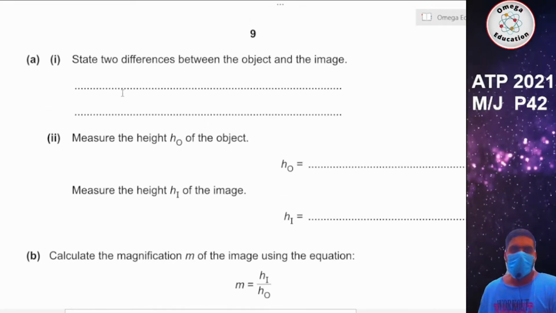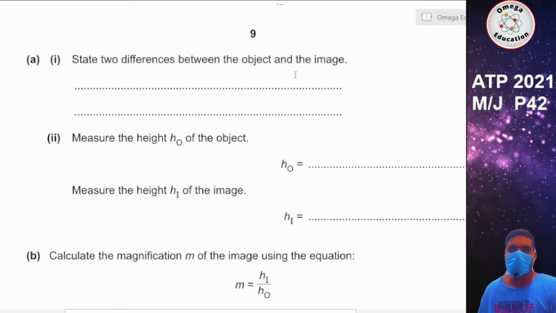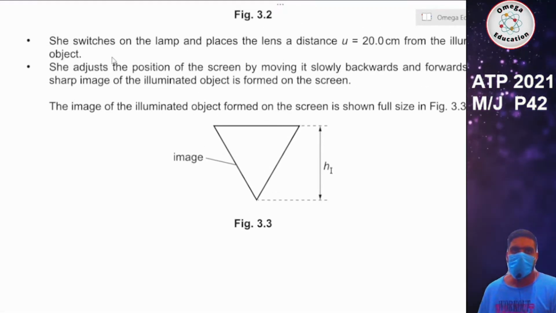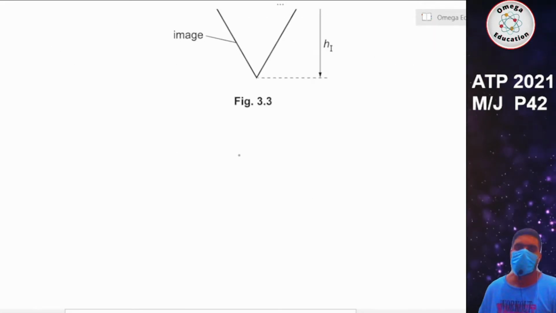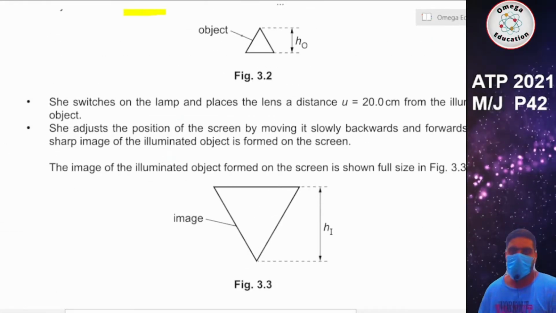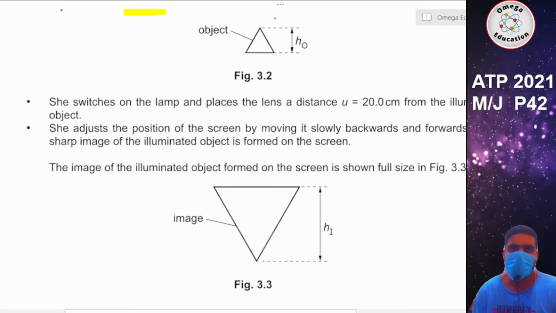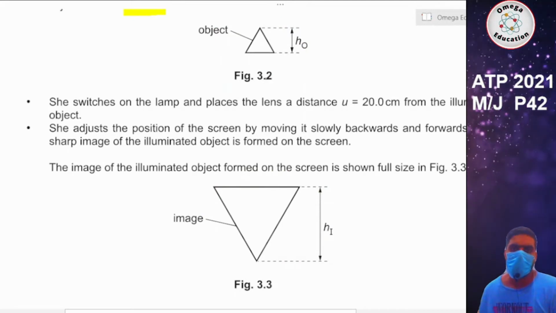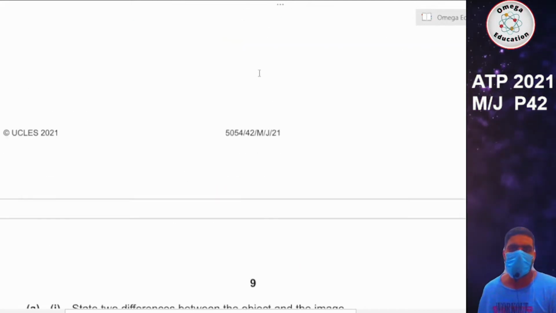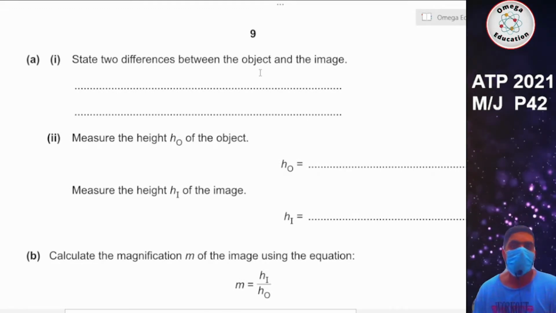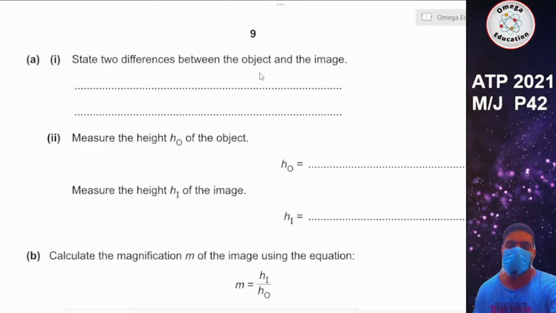Alright, the question is: state two differences between the object and the image. If we are able to get both of them right, only then will we be awarded 1 mark. So one of the differences, if we compare this object with this image, that is obvious is the size of the image is greater than the size of the object.